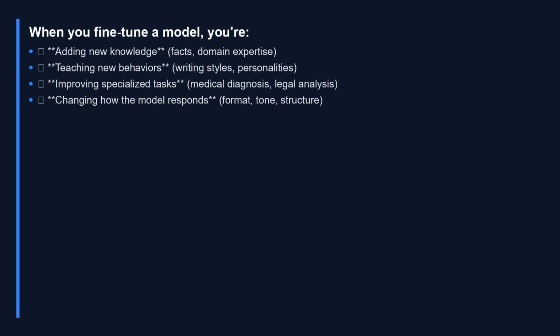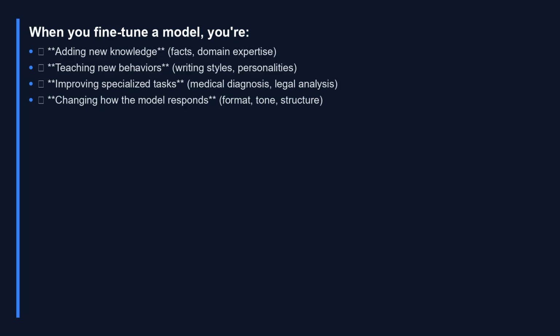Concretely, when you fine-tune a model, you're doing one or more of four things. You're adding new knowledge: domain facts, specialized terminology, expert reasoning patterns. You're teaching new behaviors: a writing style, a personality, a specific tone.